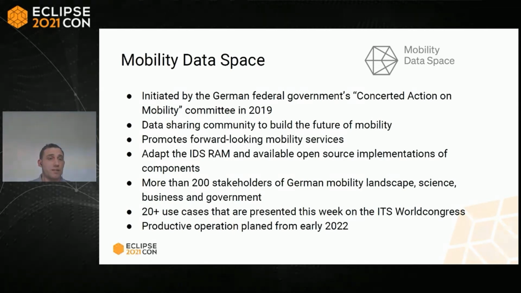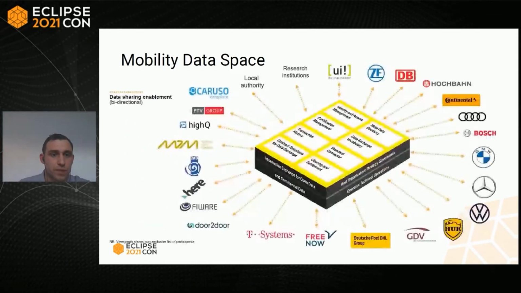Currently, the phase of this mobility data space is to set up and onboard the different partners, and then be productive early 2022. There you see an overview of the different partners, all connected not to the platform, but to the essential services of such a data space.